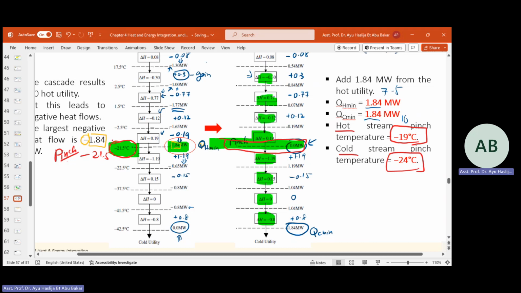From the pinch point over here, which is 21.5 degrees C. To find the hot pinch, negative 21.5, shift back to the top. Just now to get the shifted temperature, we shift down. Now to get the actual temperature, shift up back. So that's why add 2.5.